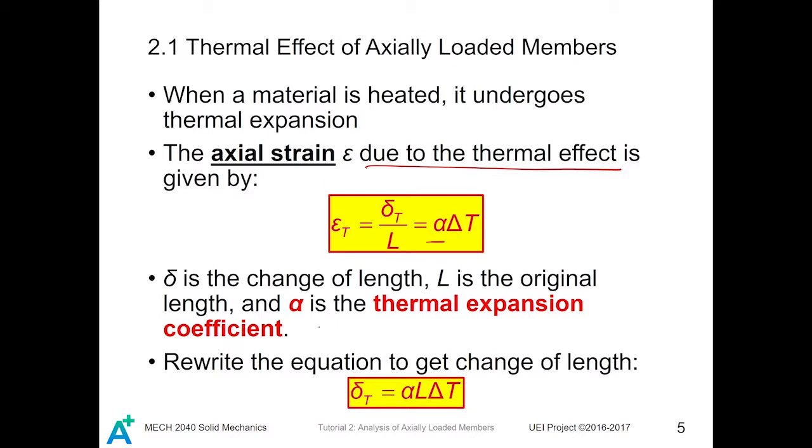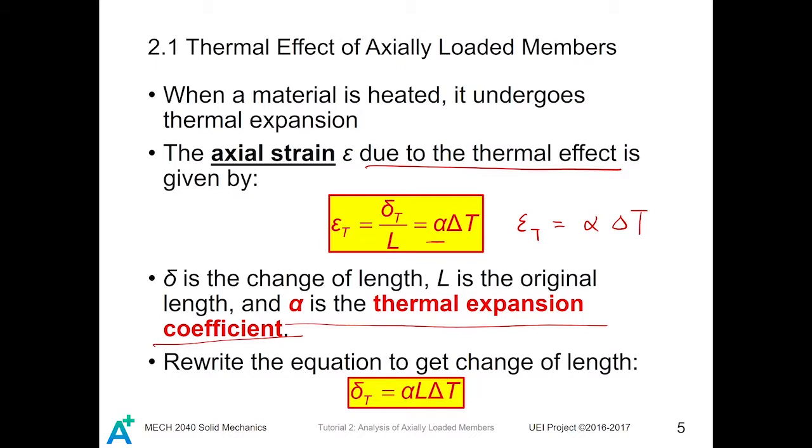So the alpha is called the thermal expansion coefficient. Therefore, we can say epsilon t, which is a dimensionless quantity, equals alpha times the change of temperature. That means the axial strain equals the thermal expansion coefficient times the temperature change.